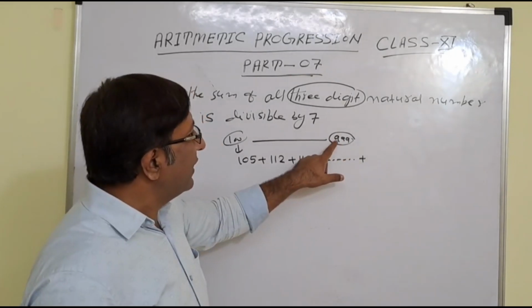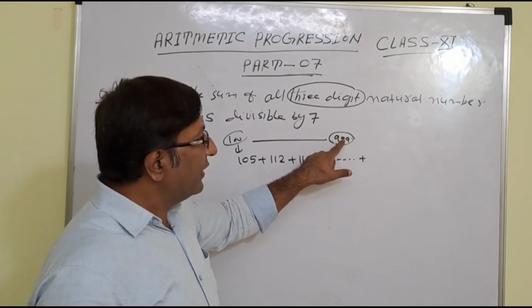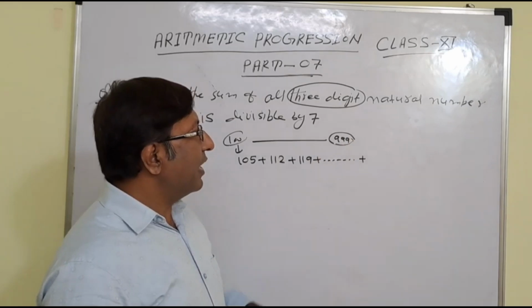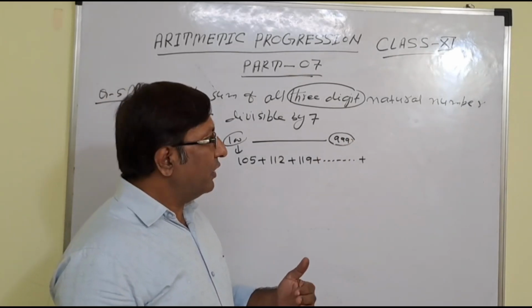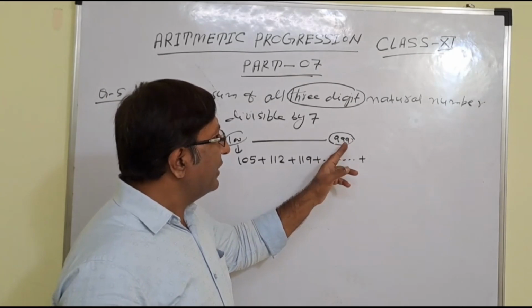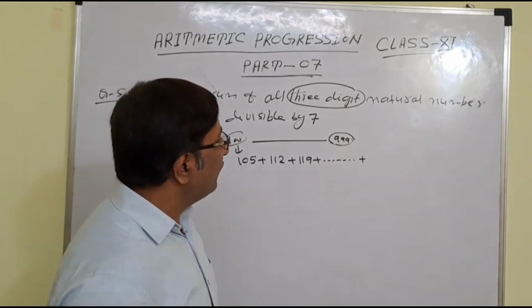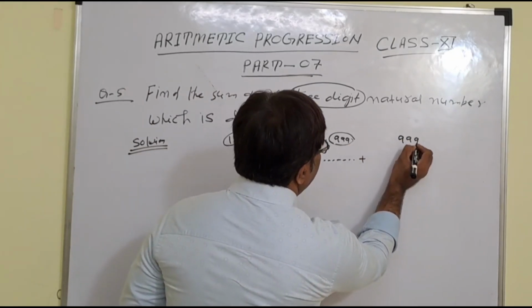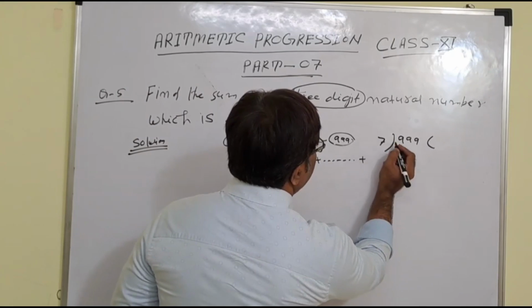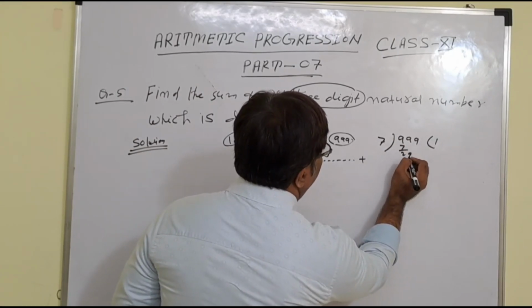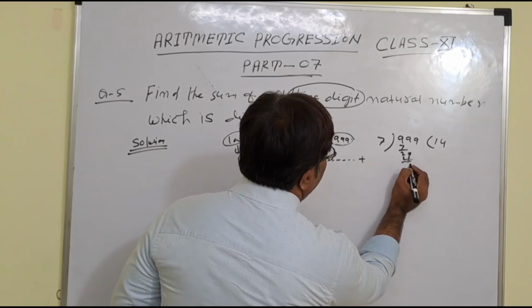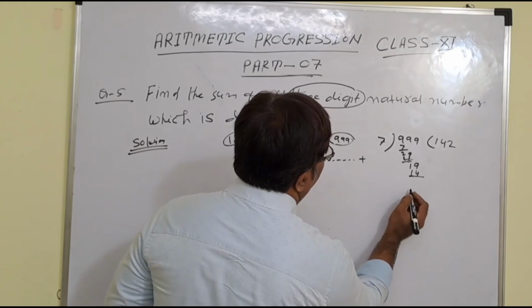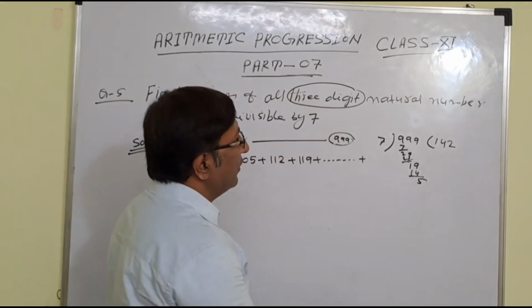Again you see 7 1s are 7. 2 remaining, 29. 7 4s are 28. 1 remaining, 19. Now 7 2s are 14. So we get 5 remaining.